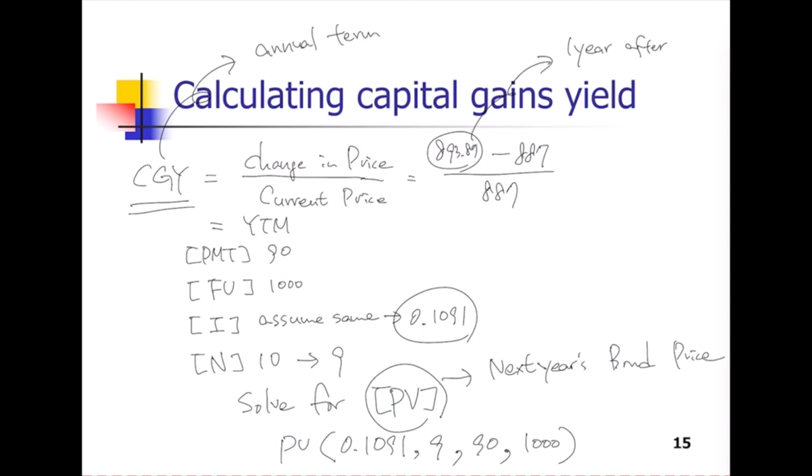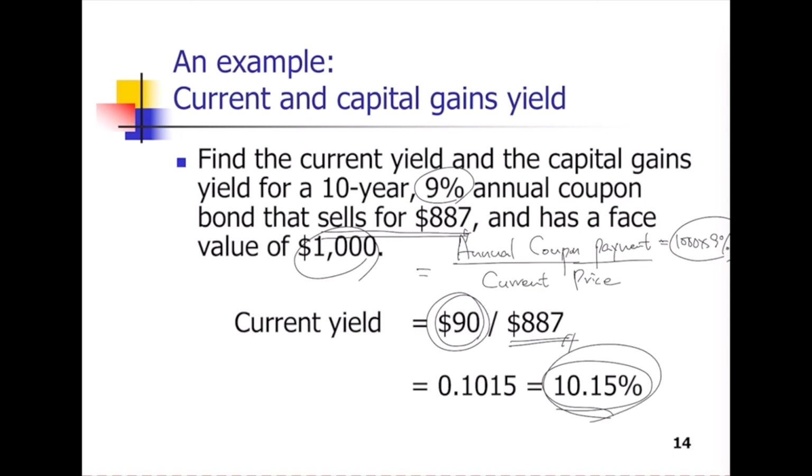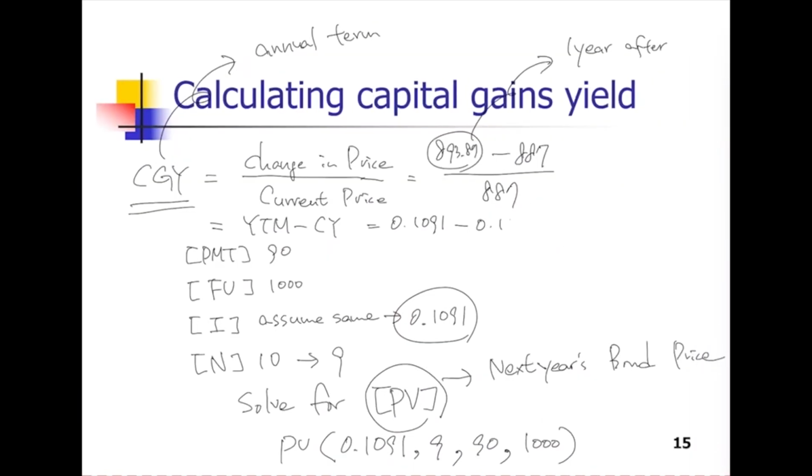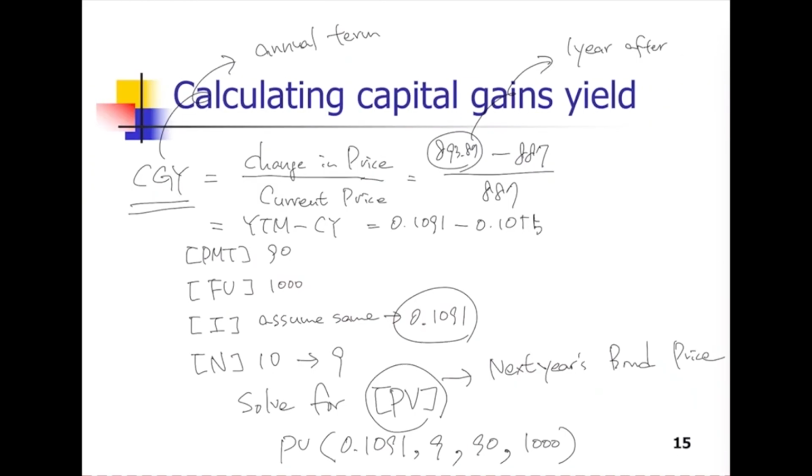We already know the yield to maturity, that is this number, and the current yield we already calculated on the previous slide, 0.1015. That is the answer to this question.